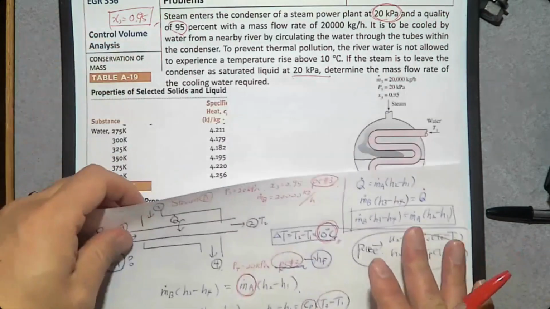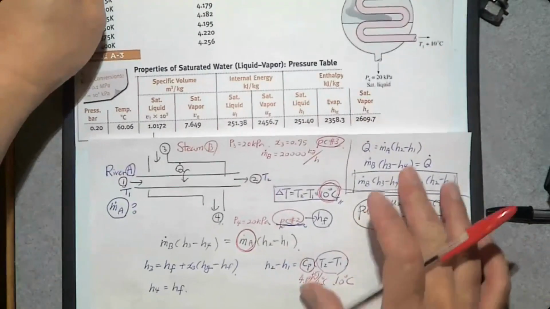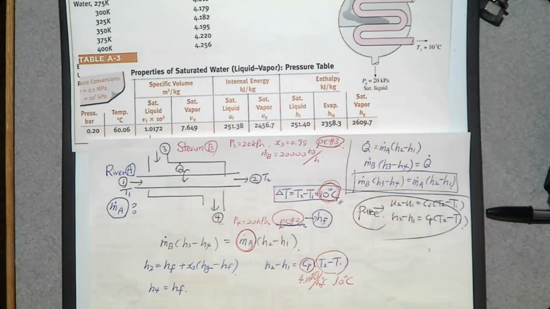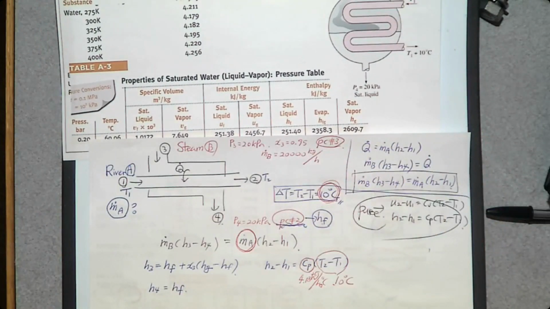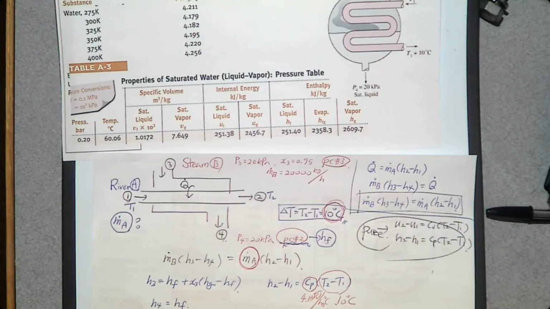Do we have it? It's right here. Properties of saturated water, pressure table. And what is the pressure? 20 kilopascal. Oops, there is a 0.2. Is it 0.2 kilopascal? No, what is the unit? Bar. 1 bar is 100 kilopascal. 0.2 bar is 20 kilopascal. So this is the pressure of this steam.